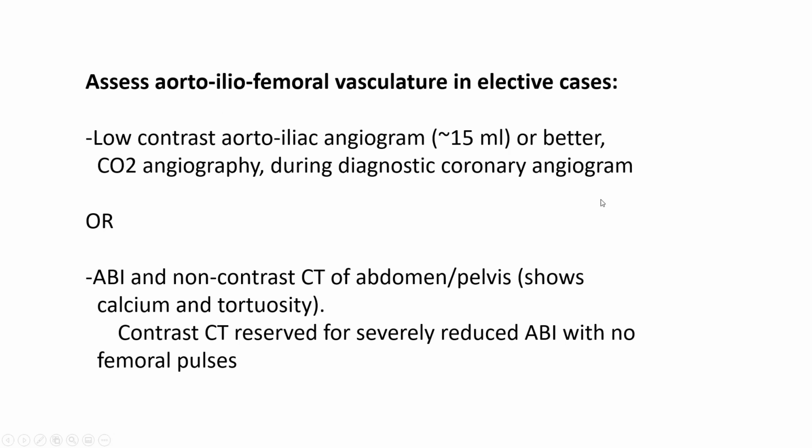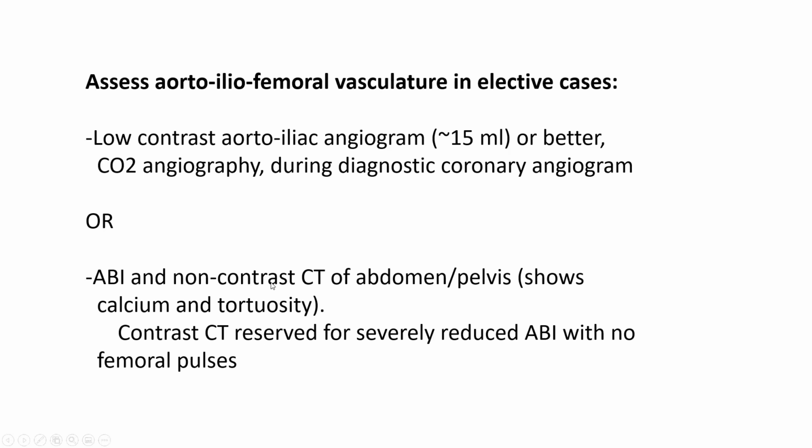Alternatively, if this has not been done and the patient is referred to you after a diagnostic angiogram, you can do ABIs and a non-contrast CT of the abdomen and pelvis. ABI will tell you the severity of PAD. As long as it is over 0.7, I'm okay.